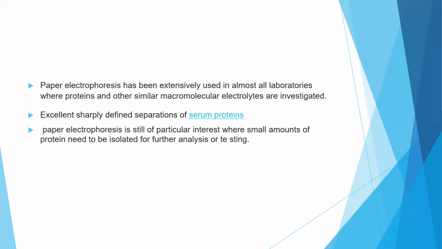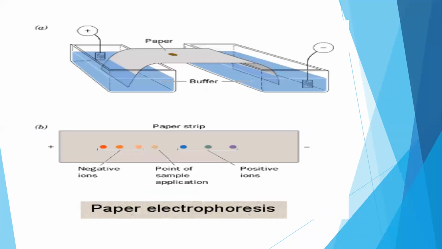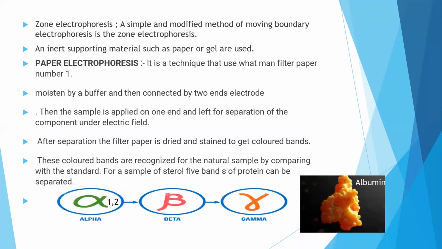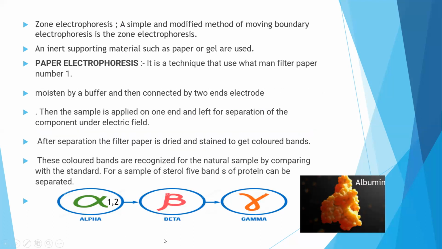Paper electrophoresis is still of particular interest where a small amount of protein needs to be isolated for further analysis or testing. This is paper electrophoresis. Next, albumin. This is egg protein. This is an example of one sample.